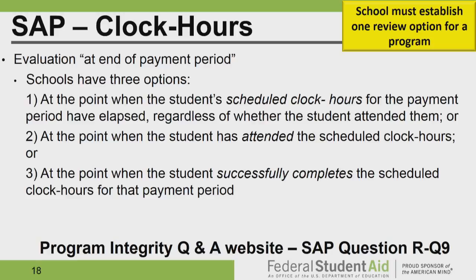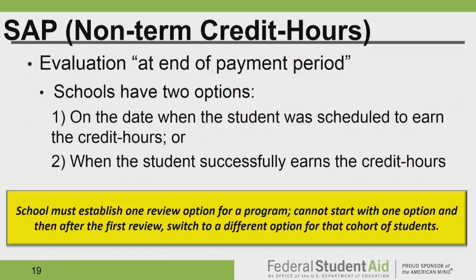Not to forget our friends in the non-term credit world. I have some schools that are so lucky. They have standard, non-standard clock hour and non-term credit. Wow. They never go to sleep. They're just always busy. But we have to remember non-term credit is going to be, again, at the end of a payment period. Well, when does that occur for SAP purposes?